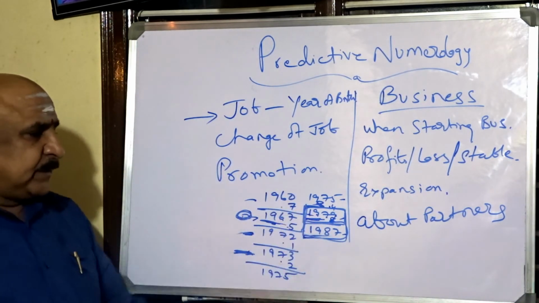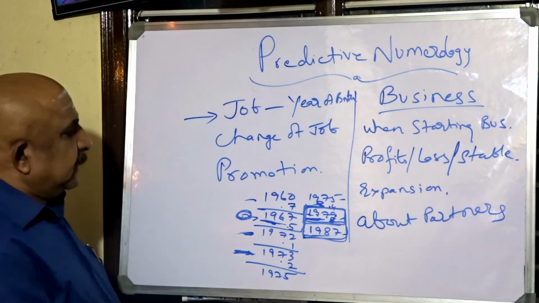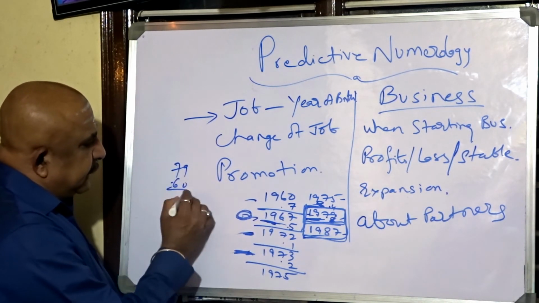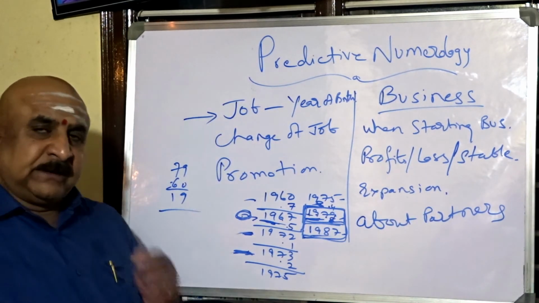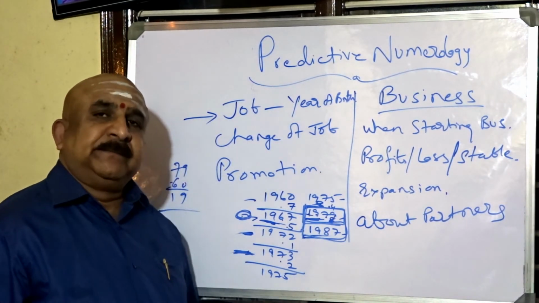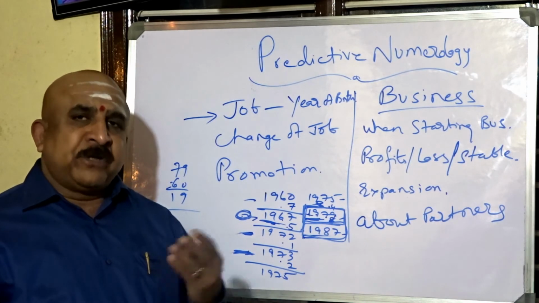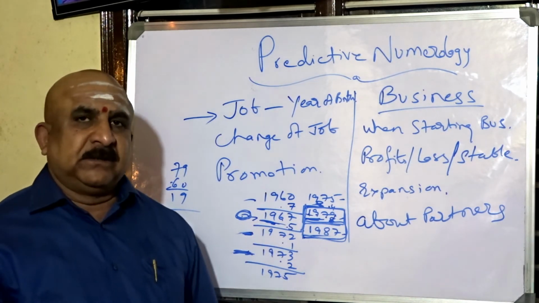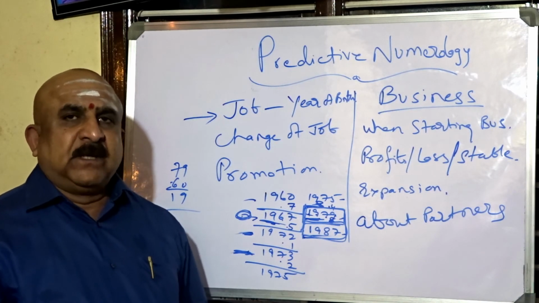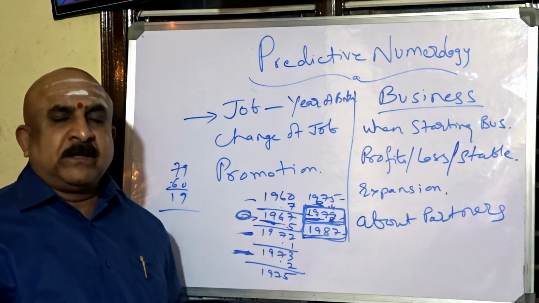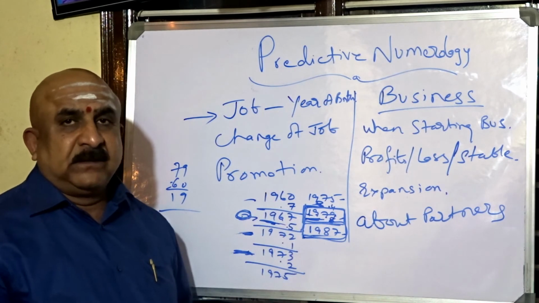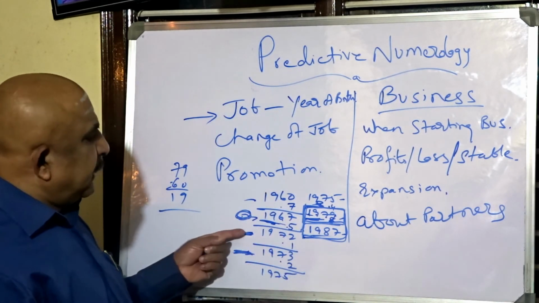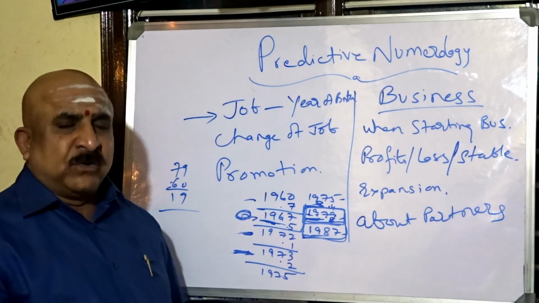In these periods, he will get the job. If he is born in 1960, 79 is the year, so he is 19 years old. Because you have to use your intuition, logic and the subject to give a prediction. That is very much necessary. Not always will you just rely on the subject. You cannot say for a young boy that he is going to go into a job at the age of 12 in 1972.